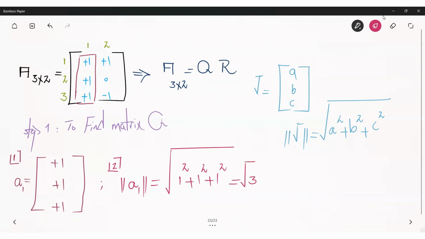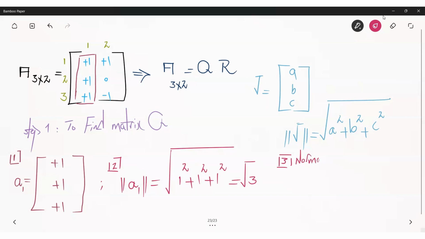Anyone's taking notes? Yes? Awesome. Now, what did I do so far? The first step was that I chose column 1 of that matrix to call it A1. I found its norm in step number 2, and in step number 3, that's what we call normalization.